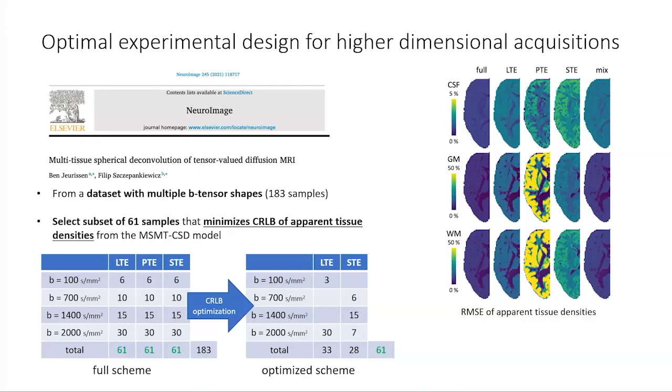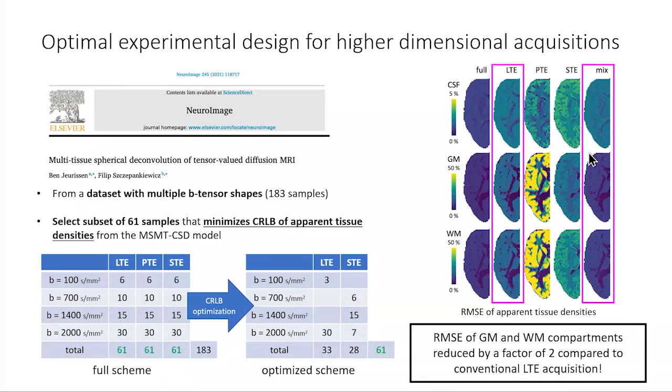And if we then looked at the root mean squared error of the apparent tissue densities, we could see that the optimized scheme had reduced the root mean square error by a factor of 2 compared to the conventional linear tensor encoding. So we gain in precision by a factor of 2 without adding meaningful scan time.